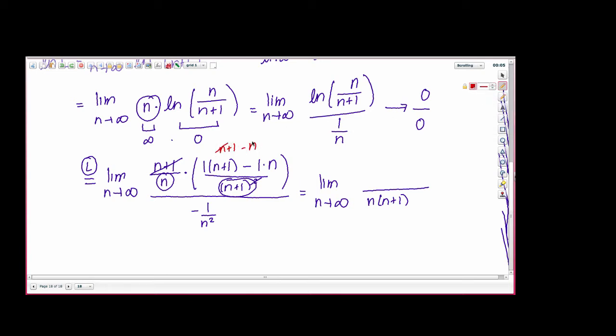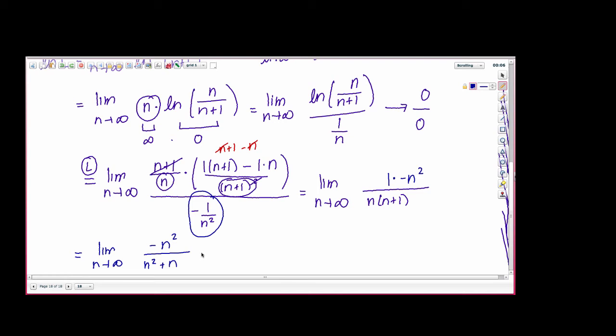So those n's go away, and we just get a 1 on the top. And then the negative 1 over n squared, so a fraction in the bottom flips, and we just get negative n squared. So now we have the limit as n goes to infinity of negative n squared over, multiplying on the bottom, n squared plus n.